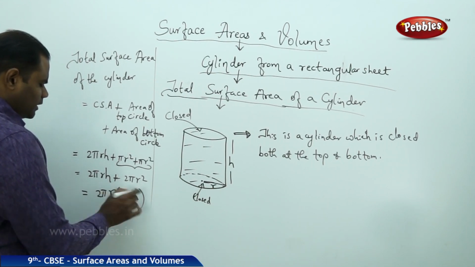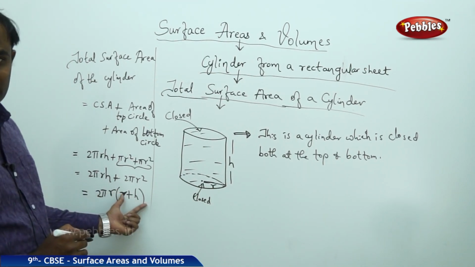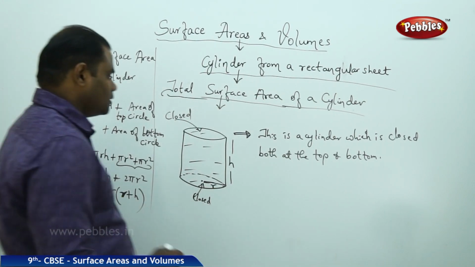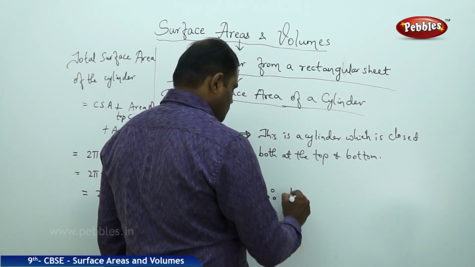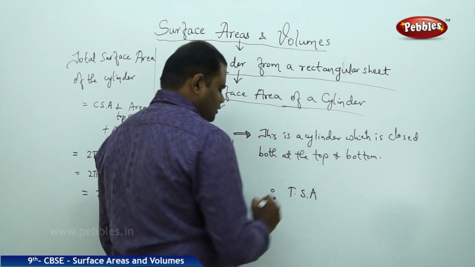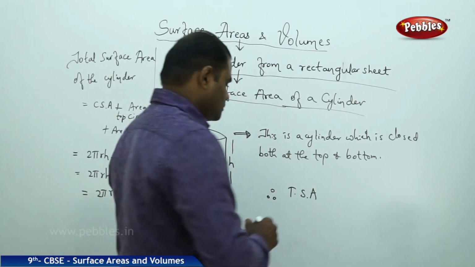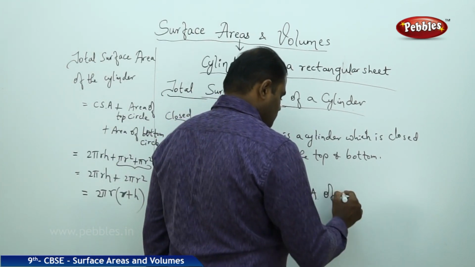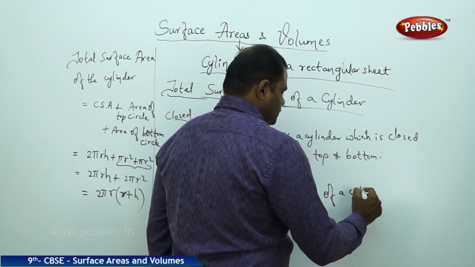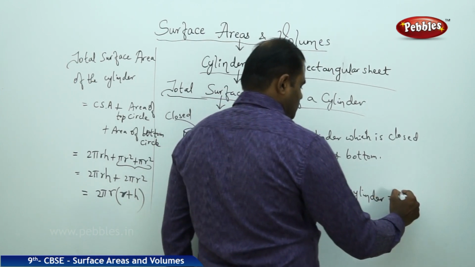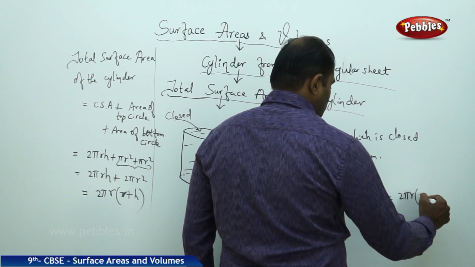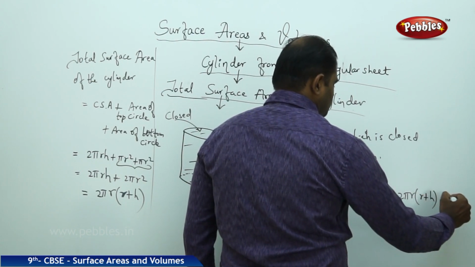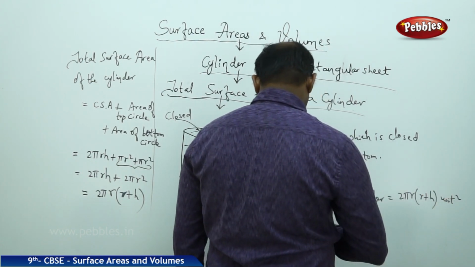Interchanging r and h, I get 2 pi r into r plus h. Therefore, the total surface area, denoted by TSA, of a cylinder is 2 pi r into r plus h unit square.